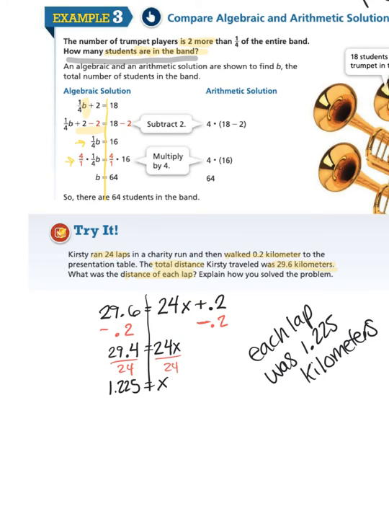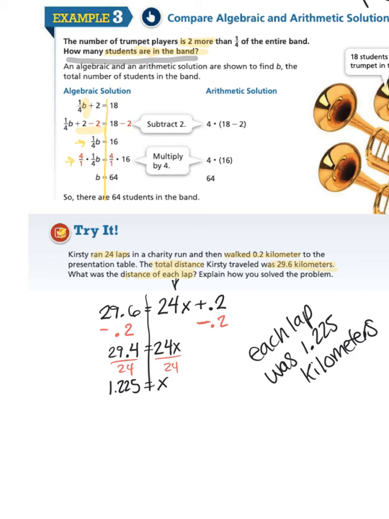Is this how you set it up? The total distance of the race equals 24 laps times x. We are looking for how much each lap is, plus 0.2 kilometers is what Christy walked to the presentation table. So the very first thing, draw your line down from your equation.